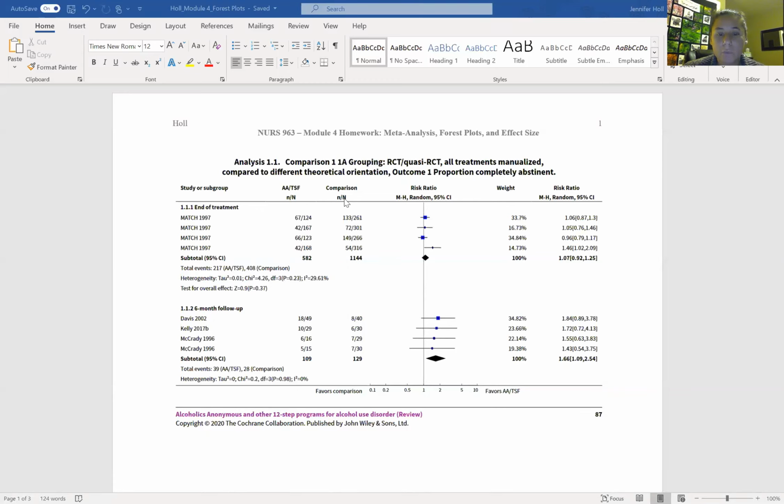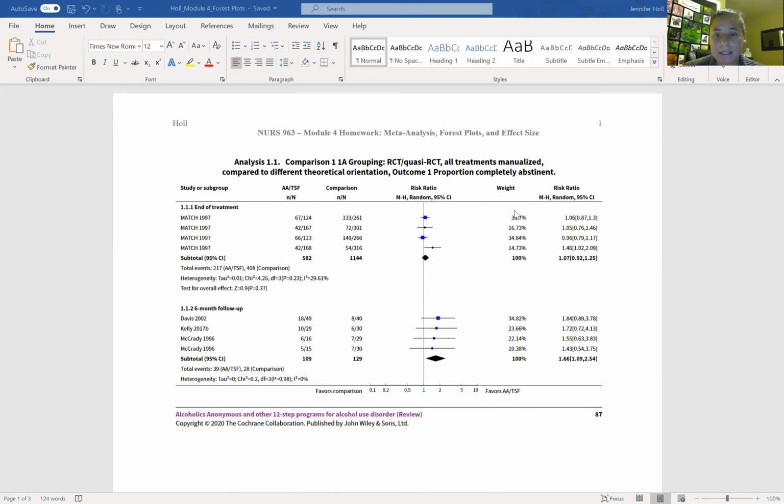And then we take this large N, which is represented by these numbers on this side of the divide, and that ends up at 1,144. So we're going to take 582 and add it to 1144, and that gives us 1726.